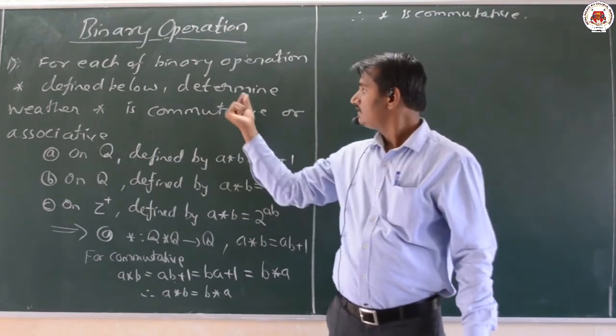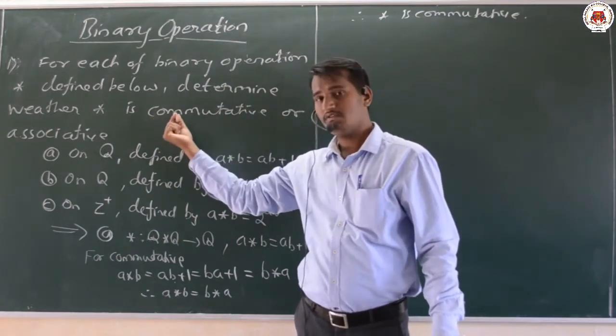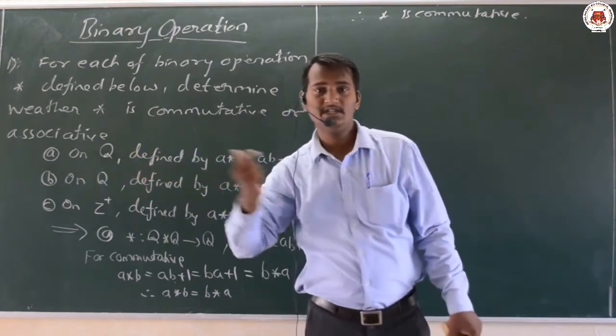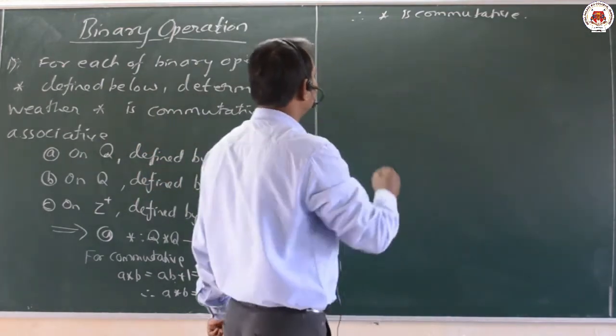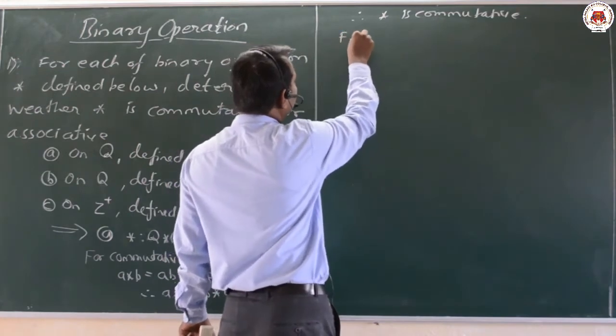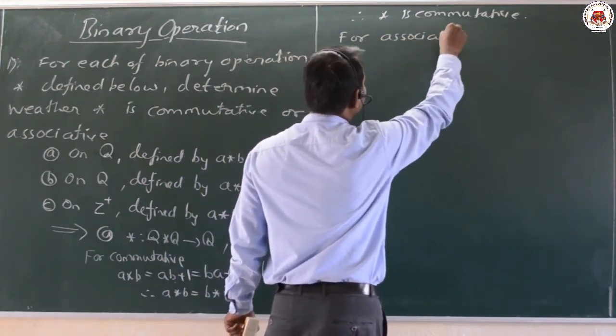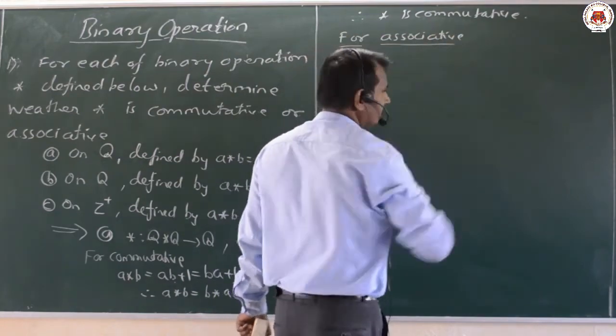Since we require to show whether it is commutative or associative, let us move on with the next one, that is, for associative. What we require to show here?